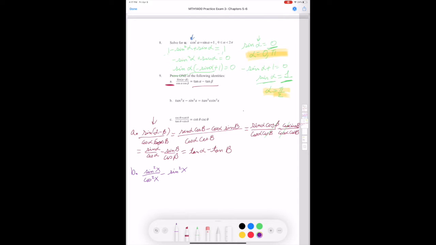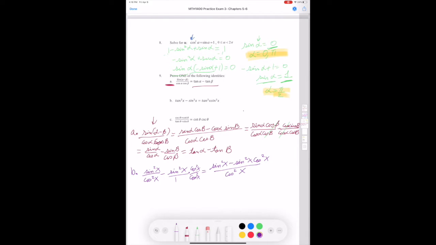What I can then do is write this as one fraction. To do that, I'd need to multiply this by cosine squared x in the numerator and the denominator. That gives me sine squared x minus sine squared x times cosine squared x over cosine squared x.